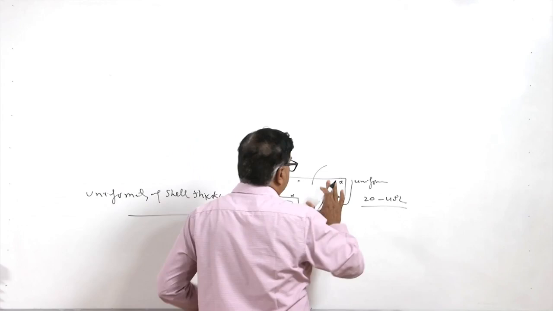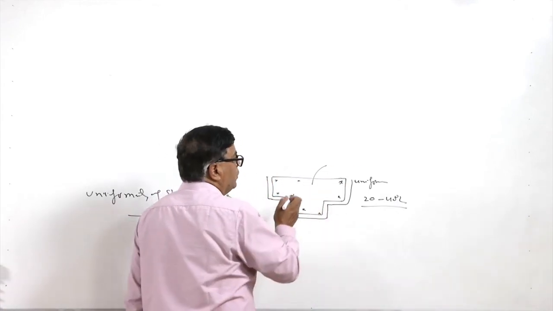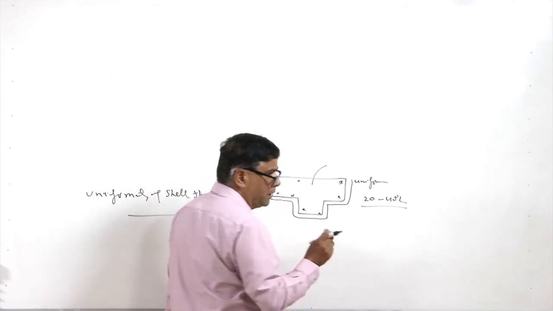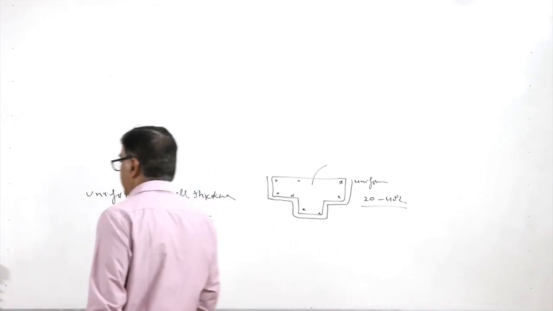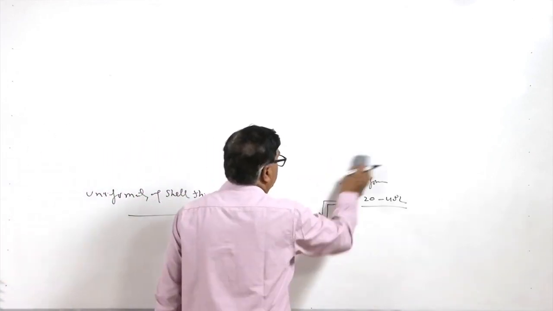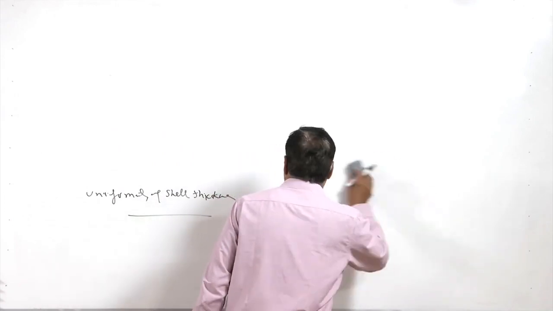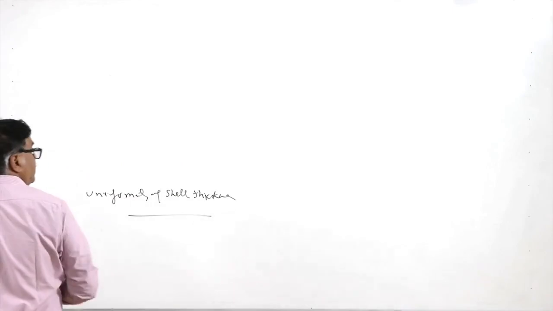So, if the temperature is uniform, then the shell thickness will also be uniform. Too large variability will lead to non-uniform shell thickness, which can lead to a defective casting. So, for uniformity of the shell thickness, the uniformity of the pattern temperature is important.